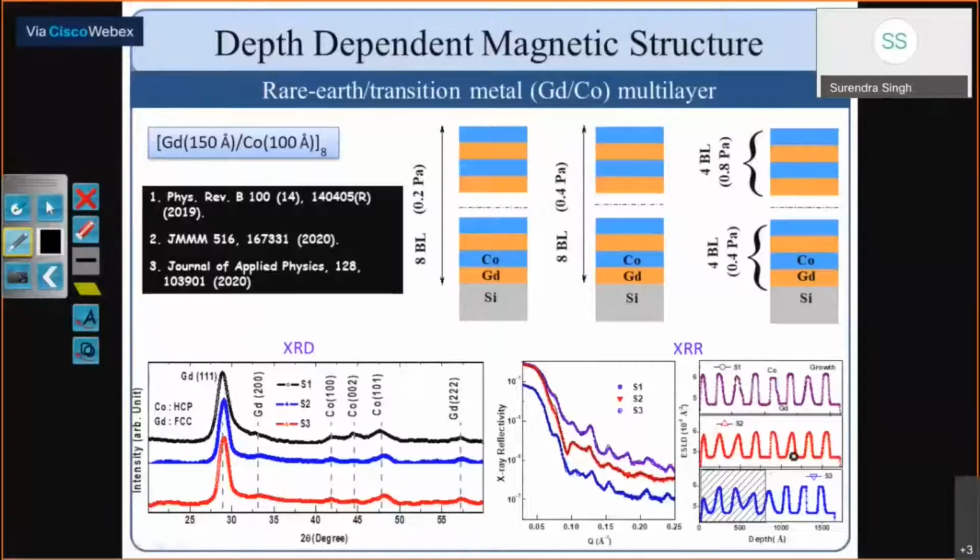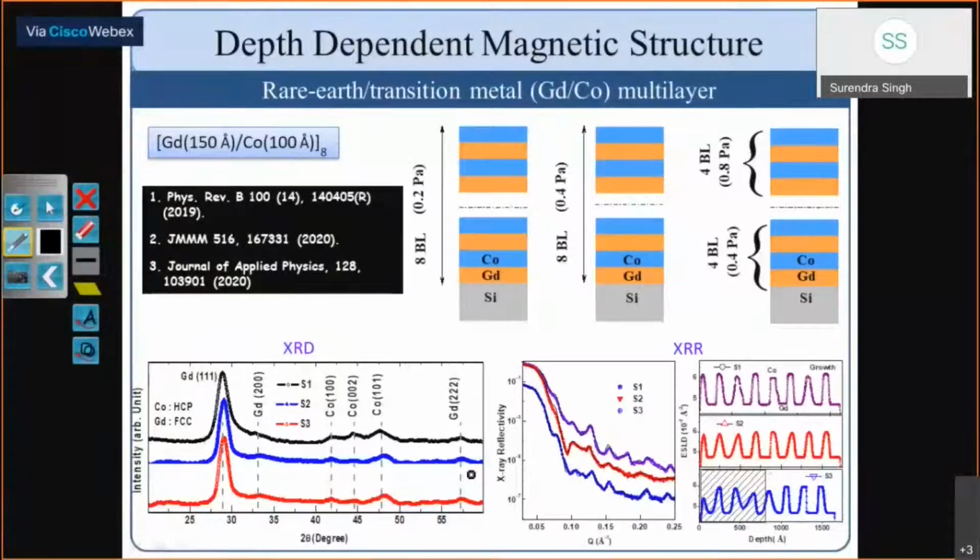If you see S2, we are getting higher roughness at the interfaces, and for S3, the first roughness is small, but for the one grown at higher argon pressure, the roughness is further increased. So this depth-dependent structure study clearly shows we have different morphology at the interfaces for these 3 samples.